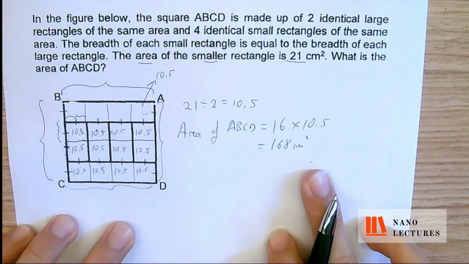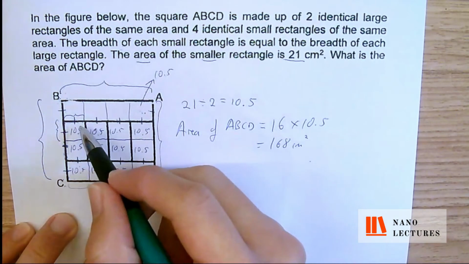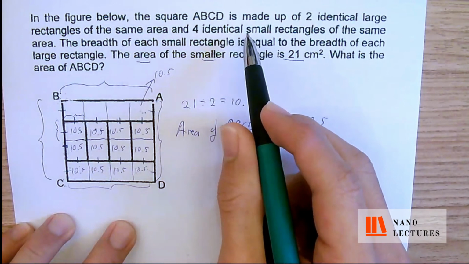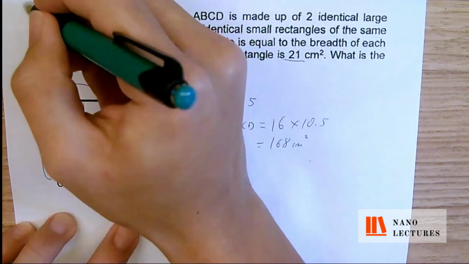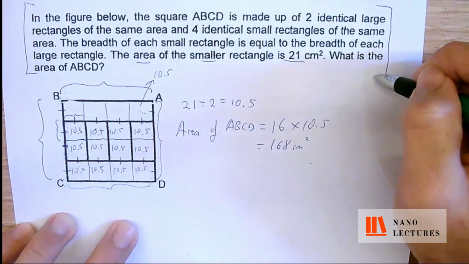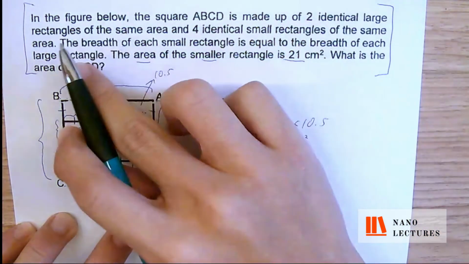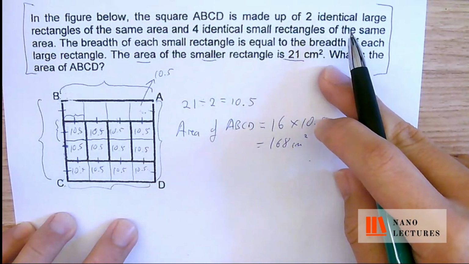So for parents who are watching this, it is very important for you to teach them how to carve up the figure using the information given. For certain students, because this paragraph is considered moderately long, they may find it very confusing.